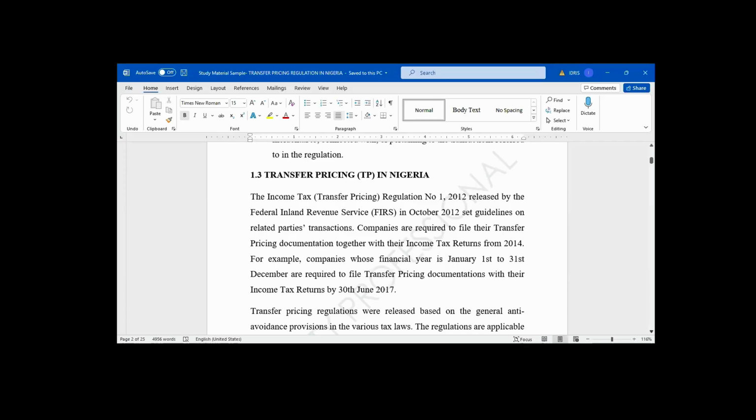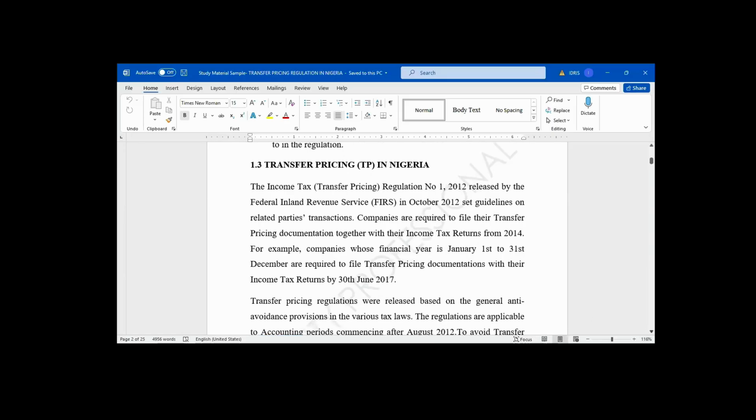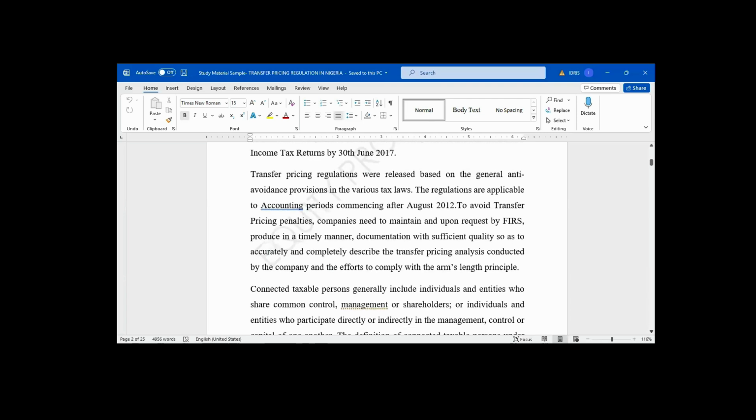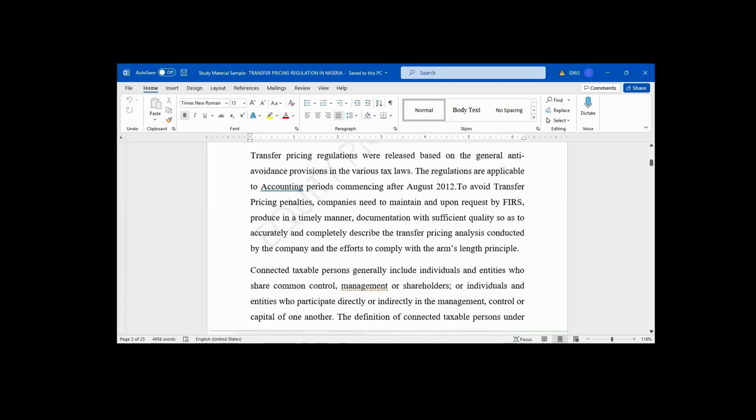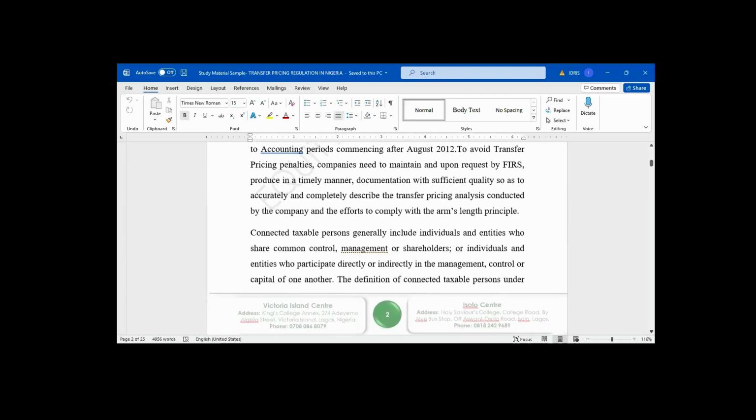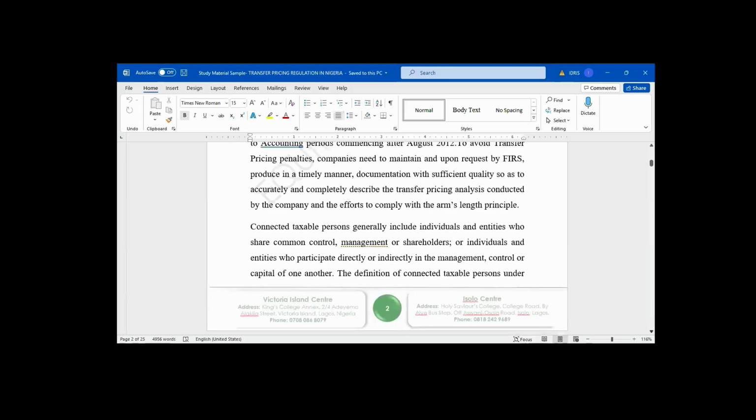What are the timelines for them to file returns, and what additional or supporting documents will be needed while filing the return? All these have been stated in the transfer pricing regulation. So the roadmap for transfer pricing in Nigeria started in 2012, when FIRS started regulating transfer pricing.